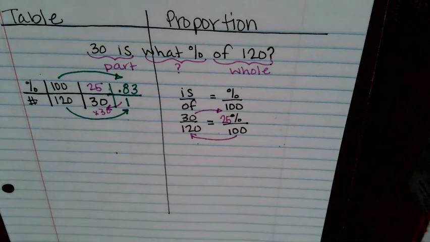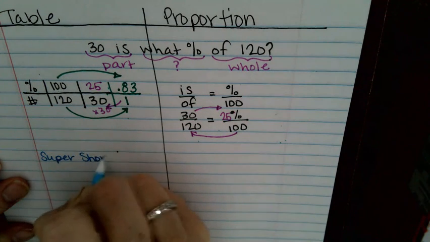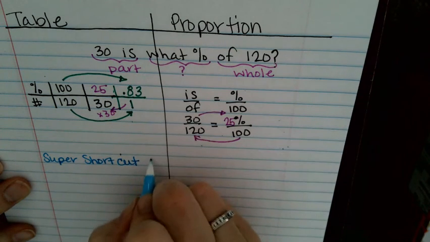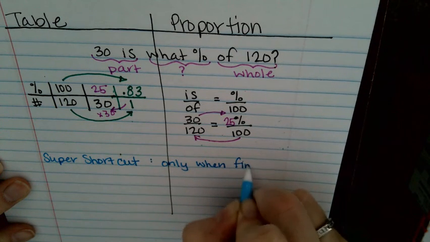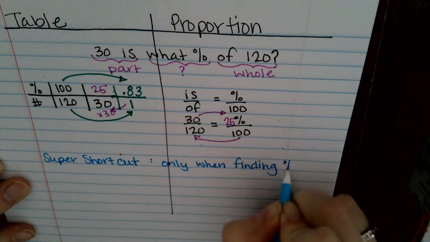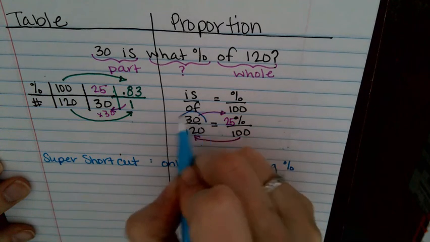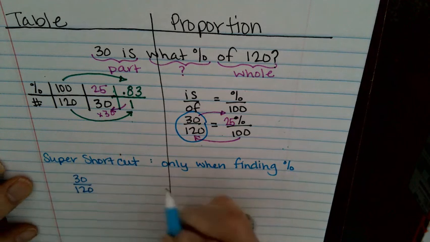Okay, now I want to teach you a super shortcut. Okay, this is a super shortcut. And it only works when we're finding the percent, okay? I've got my is over of right here, 30 over 120.